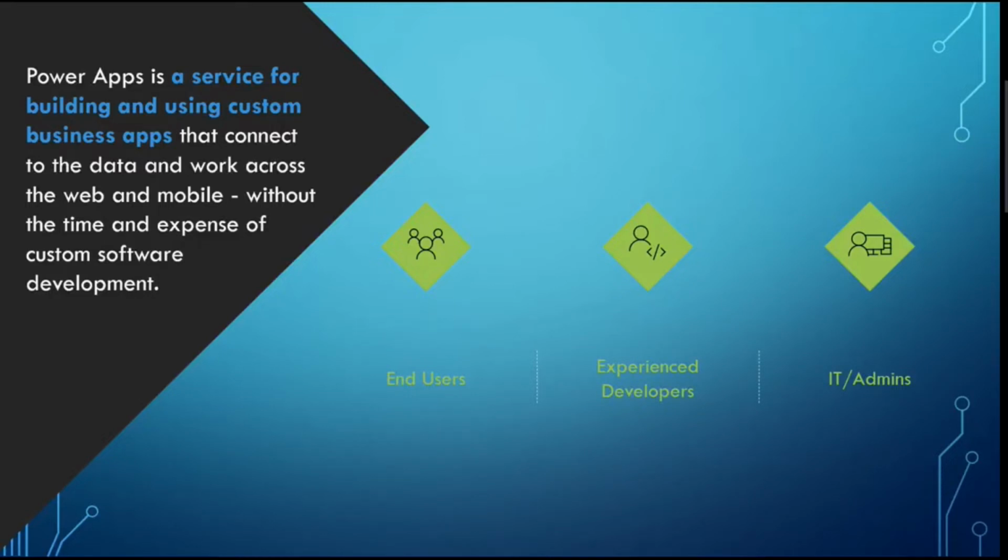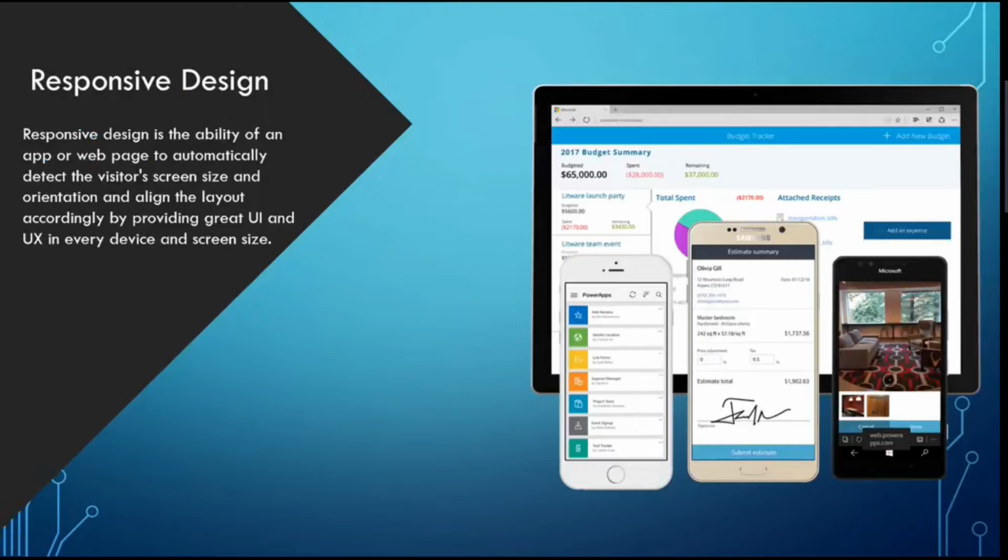Coming to today's topic, responsive design with Power Apps. Why responsive design? Responsiveness is very useful for our modern applications. It refers to the ability of an app to automatically align to different screen sizes and layouts, to use the available screen space sensibly as provided by the user's screen, and change automatically along with that.